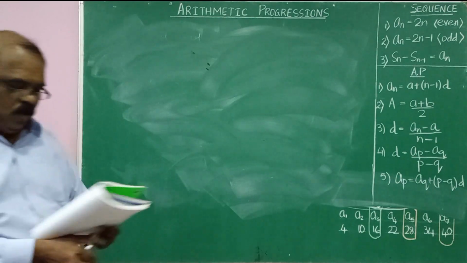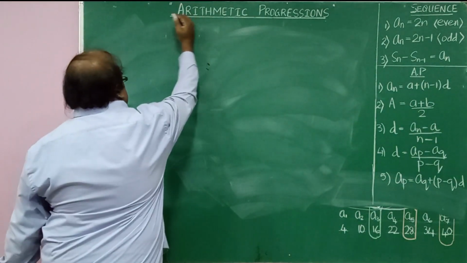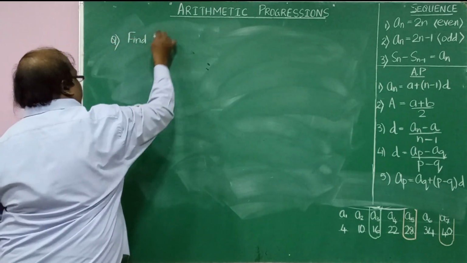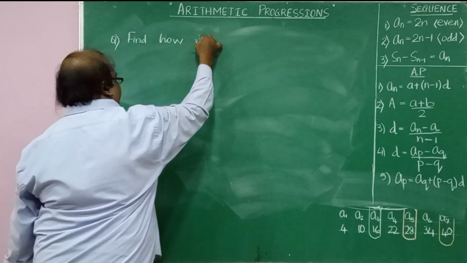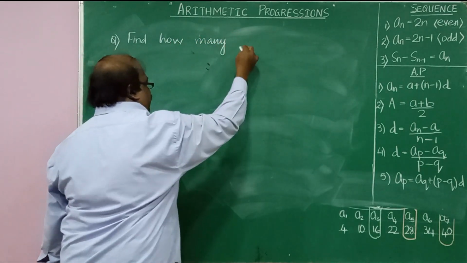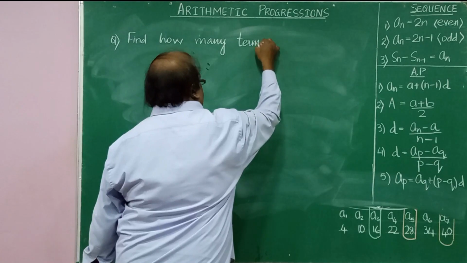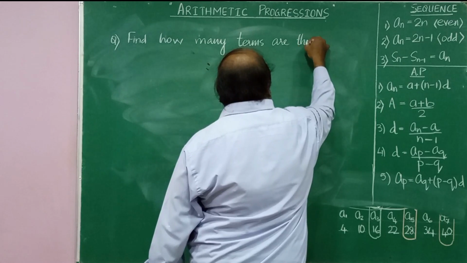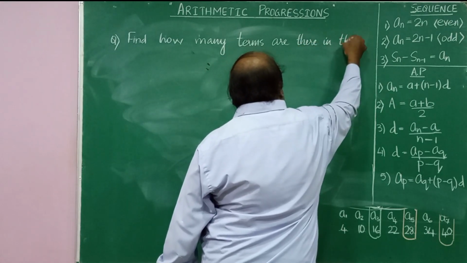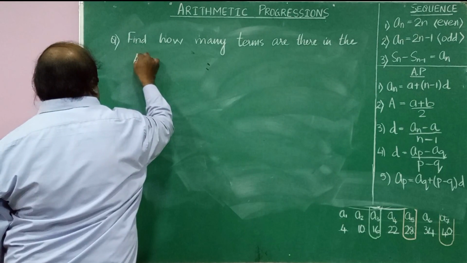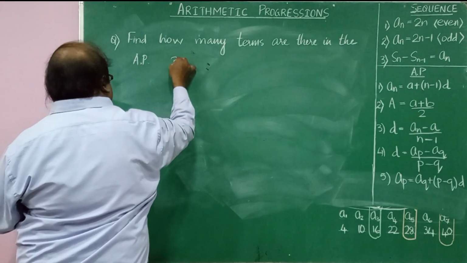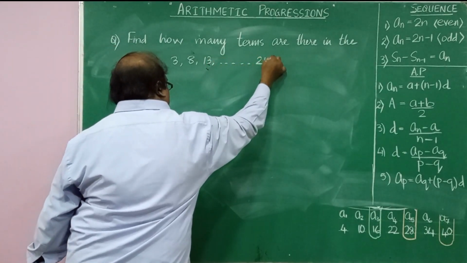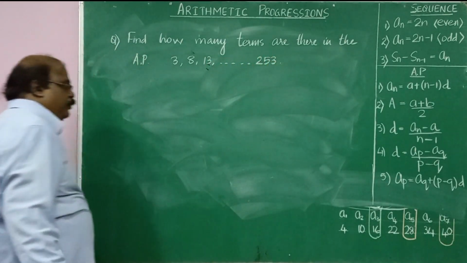My question is find how many terms are there in the arithmetic progression 3, 8, 13, right up to 253?